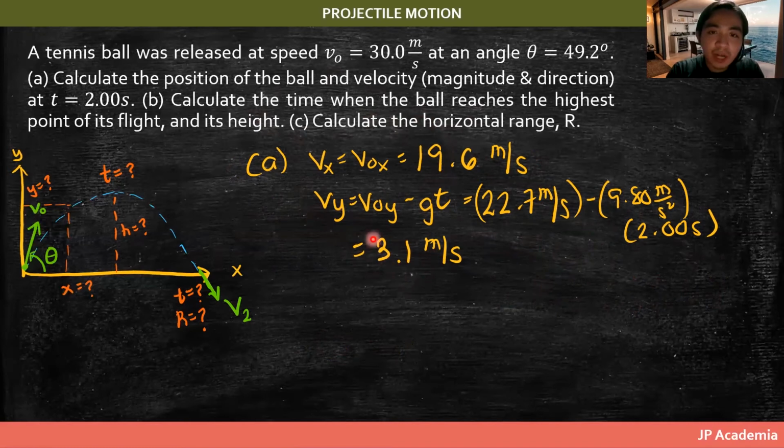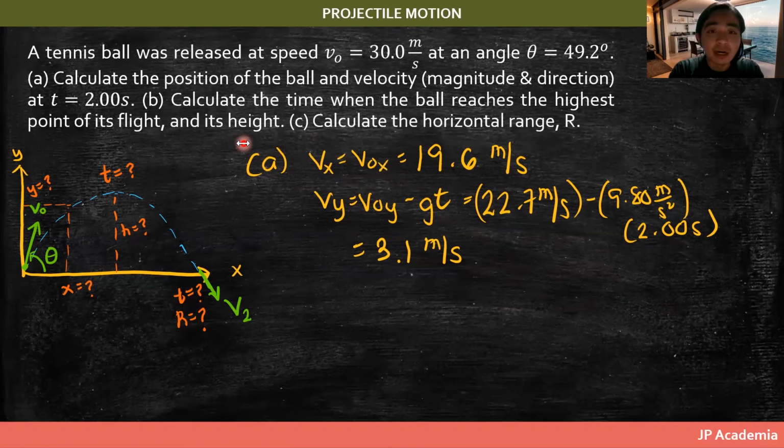And therefore, we can calculate the velocity sa time na yon, which is 2 seconds. Madali na lang yun. We can, for the x-axis, that is equal to v naught x, kasi walang acceleration along the horizontal. a sub x is equal to 0.